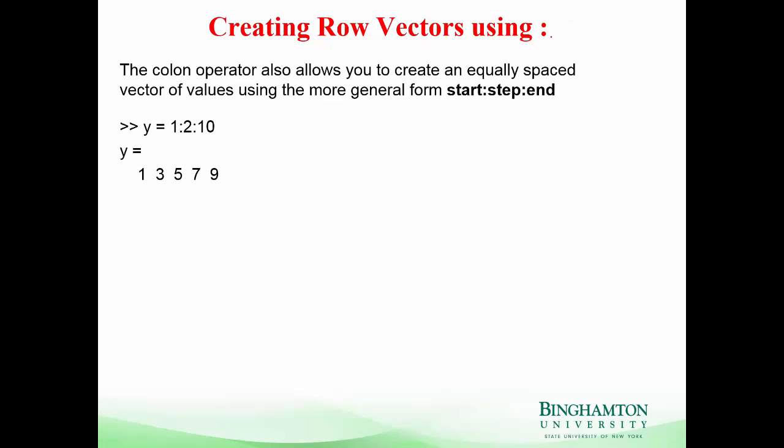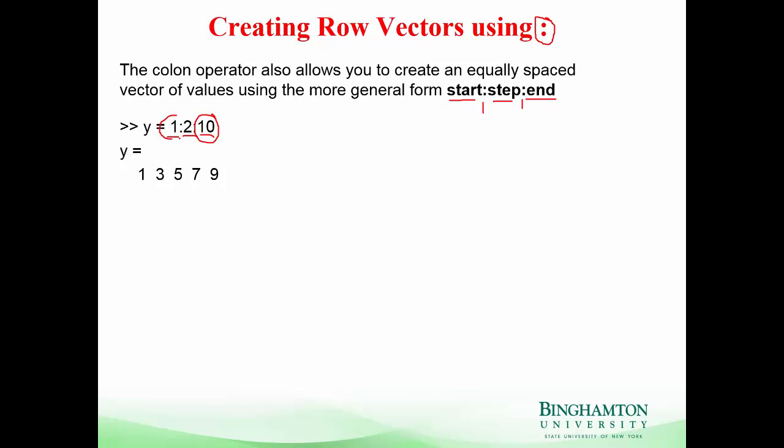So just a little more detail on creating row vectors using the colon. The colon operator has a general command, start, step, end, and you have two different colons in there. So here we start at 1, we stop at 10, and we have increments of 2. Notice in this case, we actually don't get the last value.